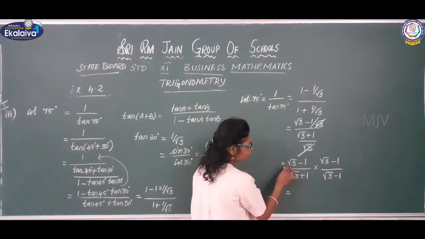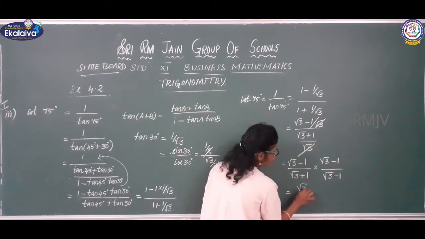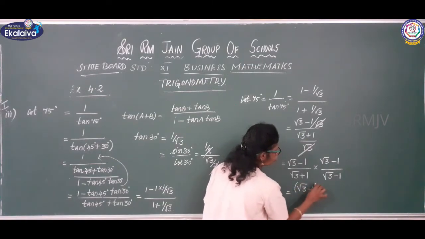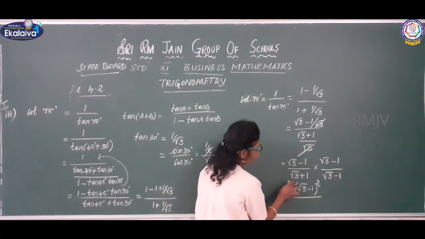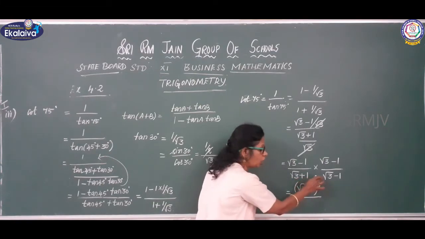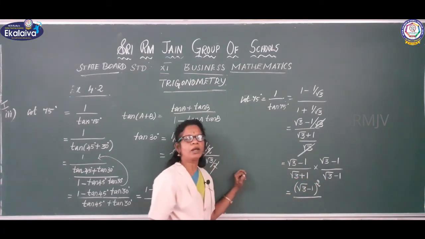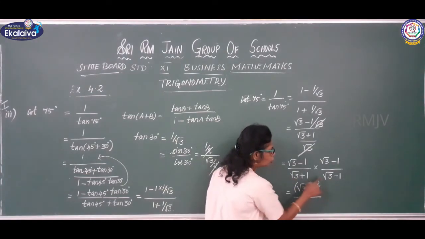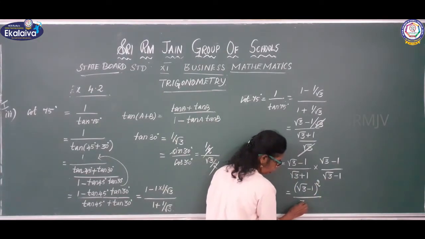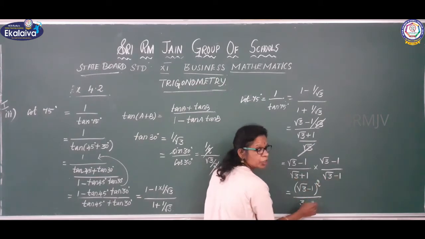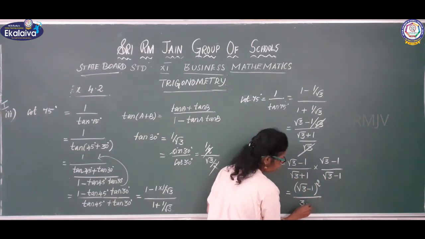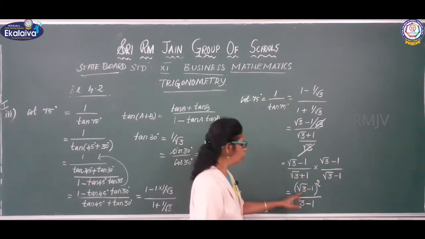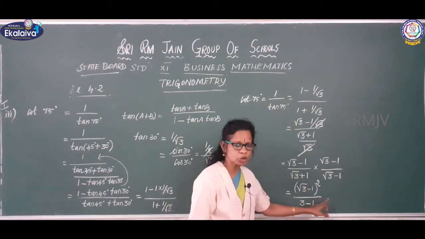Now, root 3 minus 1 the whole square divided by, this is a plus b into a minus b, can be written as a square minus b square. That means root 3 into root 3, 3, 1 into 1. So what can I get? Minus 1. Right?